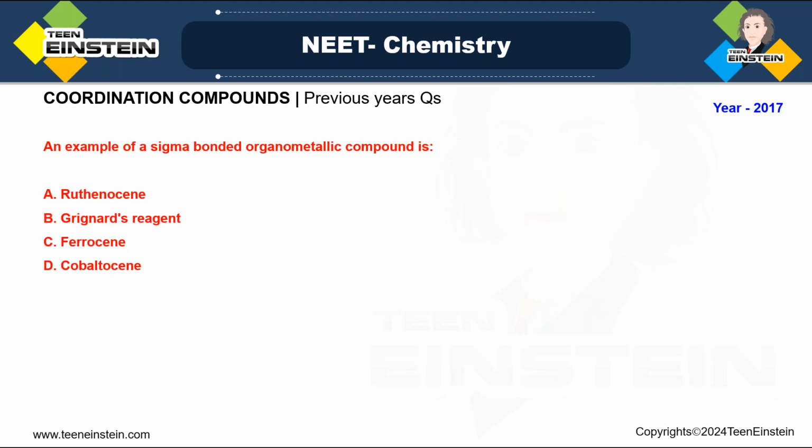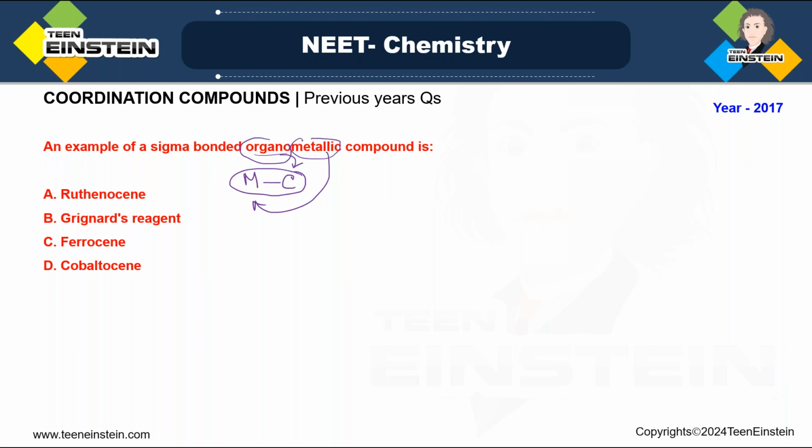An example of a sigma bonded organometallic compound. Organometallic compound means what? It means where a metal carbon bond is present. The organo term comes from carbon and the metallic term comes from metal.